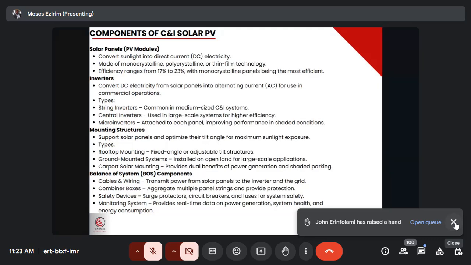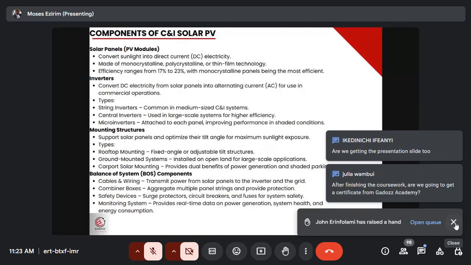Now, monitoring system. It provides real-time data on power generation, system health, and energy consumption. Now I can show you some of my sites that I manage. I monitor them in real time. And the reason why it is very, very key to monitor is simply for you to know what is happening.